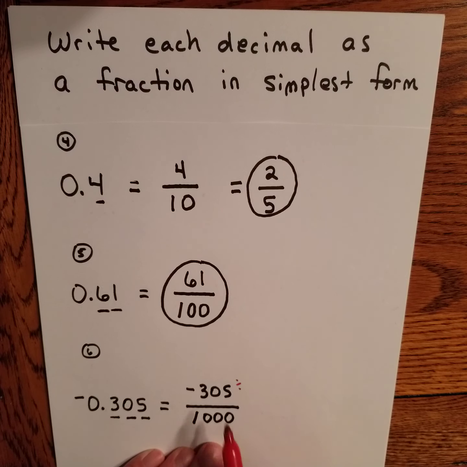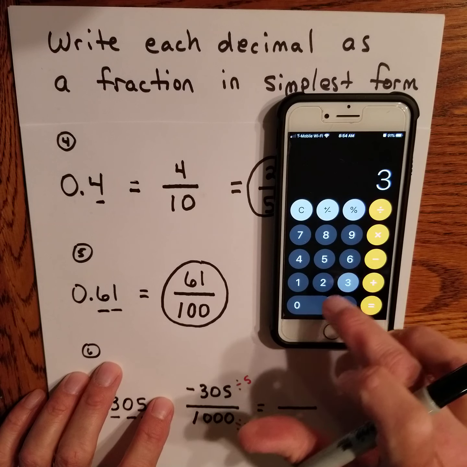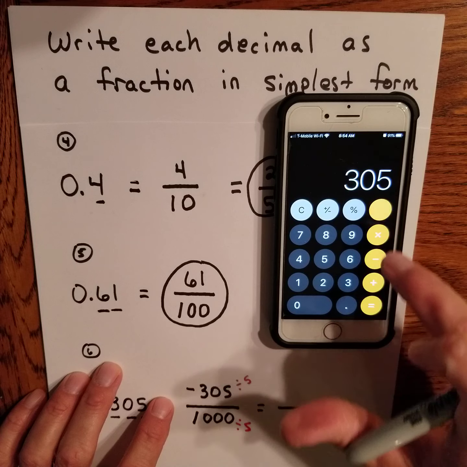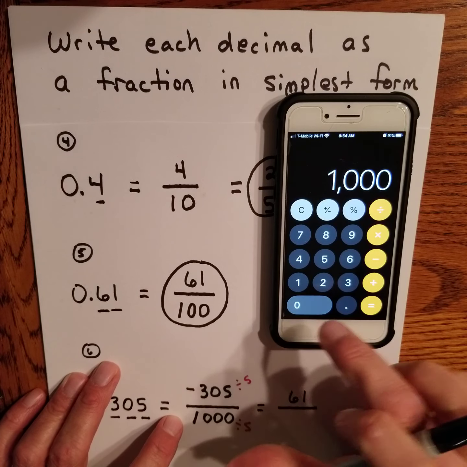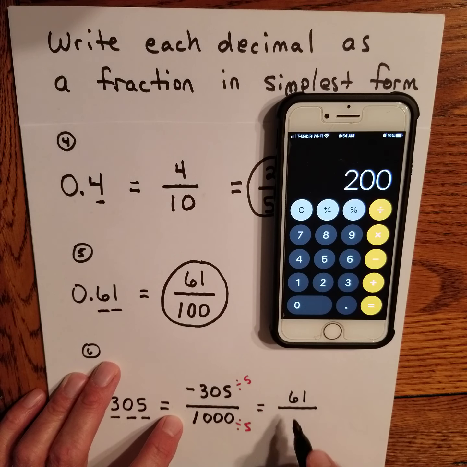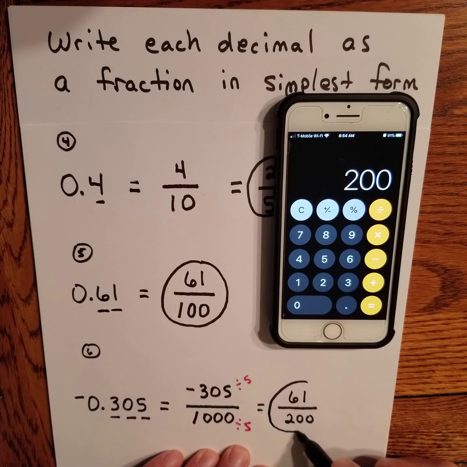Since this ends in a 5 and this ends in a 0, they are certainly both divisible by 5. If you can do that in your head, great. If not, grab that calculator. Let's divide 305 by 5 and divide 1,000 by 5. And 61 over 200, that's my good final answer.